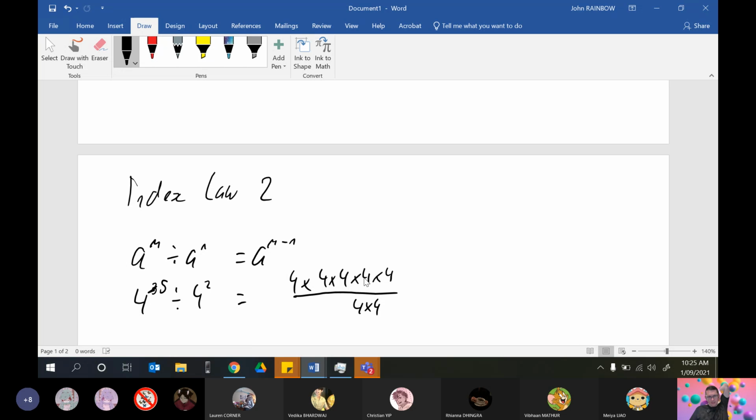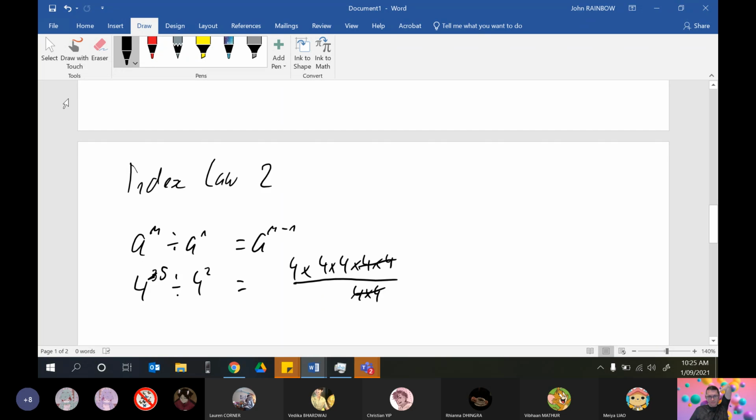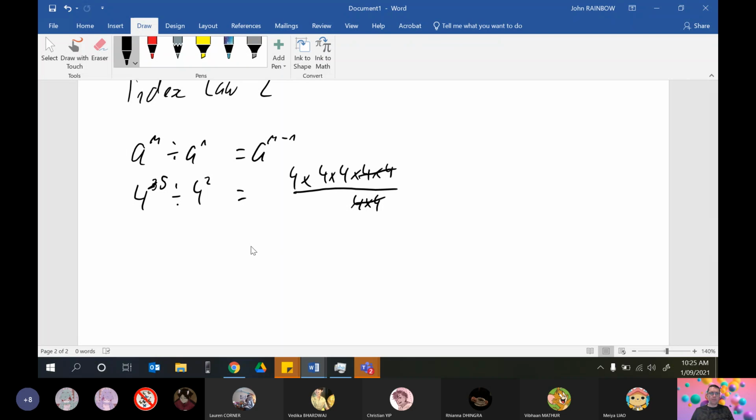You can cross cancel those, which leaves 4 to the power of 3. So a shortcut is just to minus them, and that's why that one works.